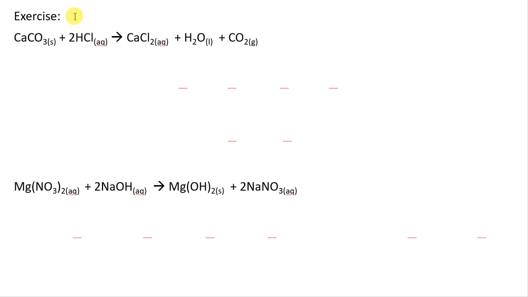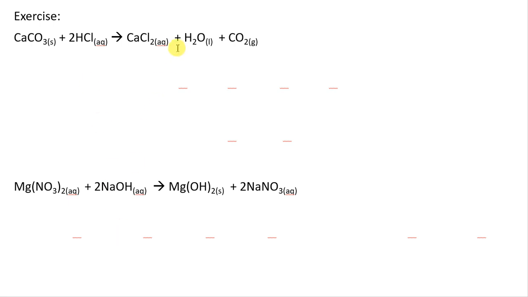Finally, in this, I'm looking at what's broken into ions and what is not. CaCO3 is a solid, no ions. 2 HCl. I must have 2H plus and 2Cl minus.